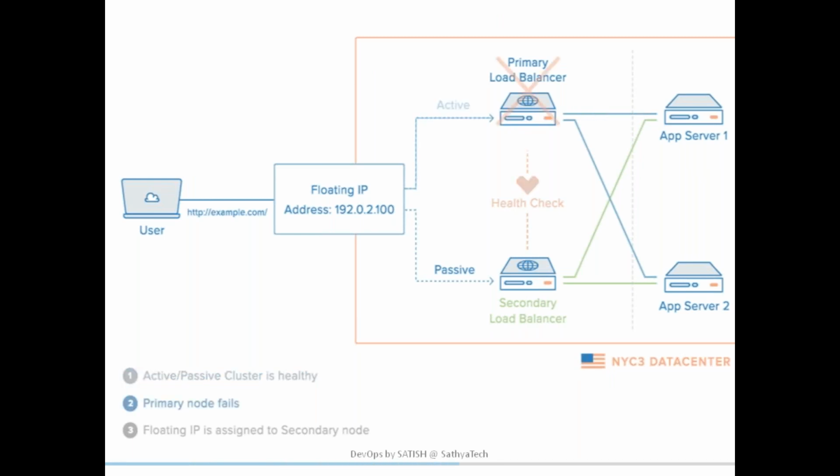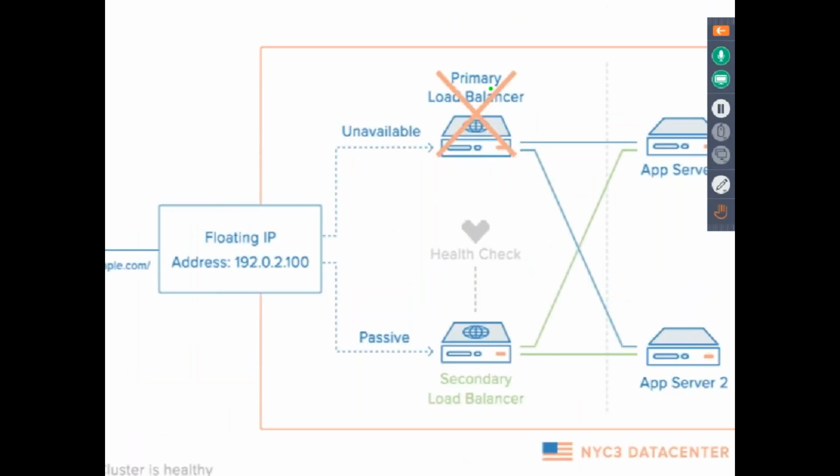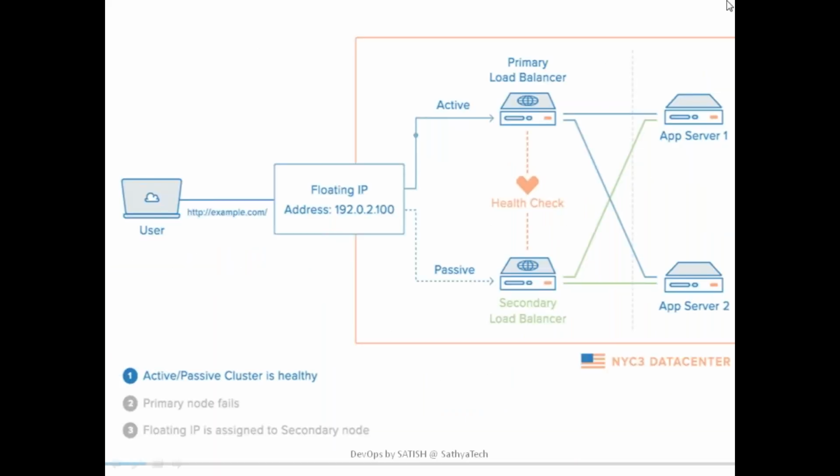Even if one load balancer fails or is down, the other load balancer will work and process our request. Suppose it has failed or crashed, then the other HAProxy will work and process our request. So we can create and configure multiple HAProxies. You can see the rest of it tomorrow.